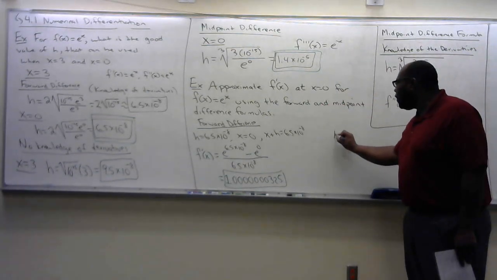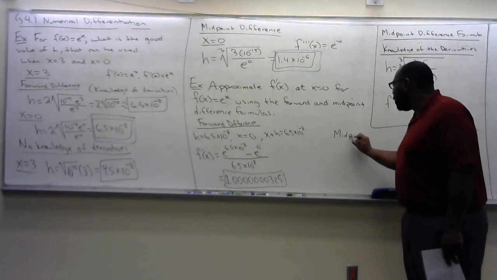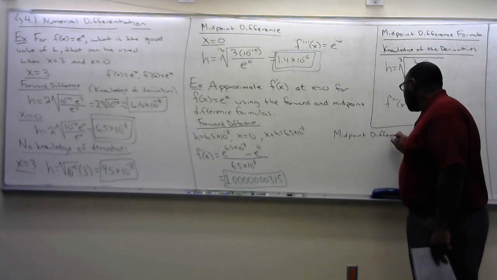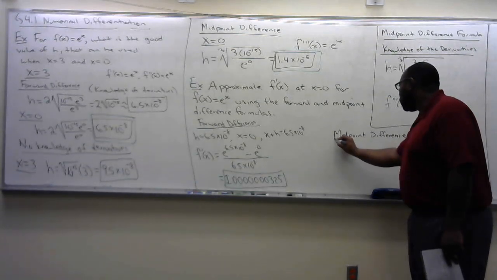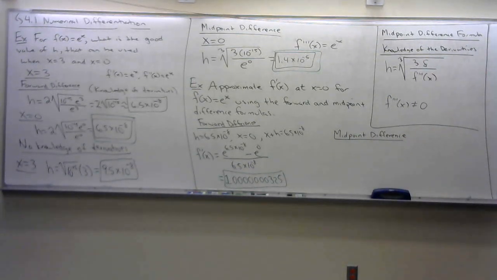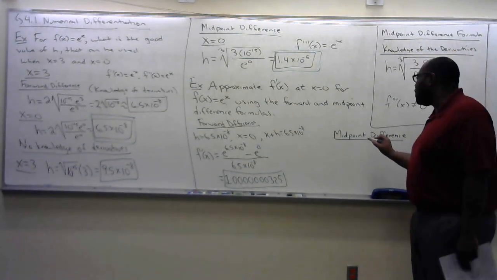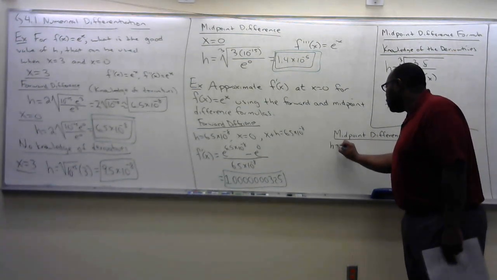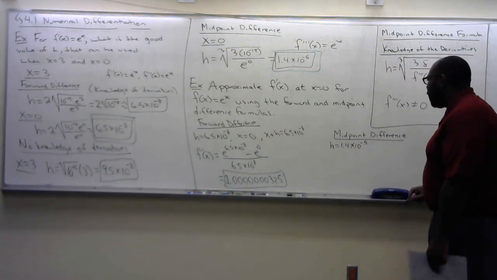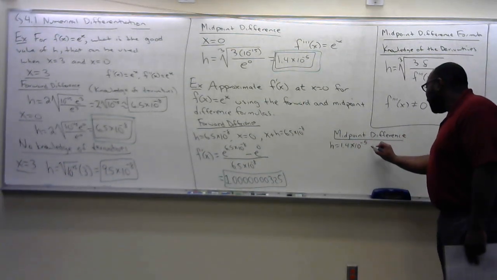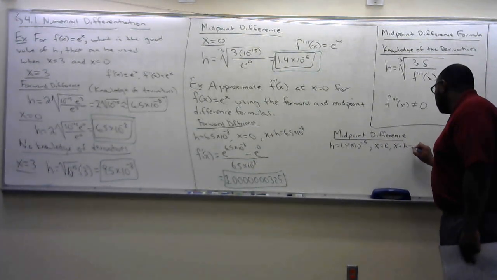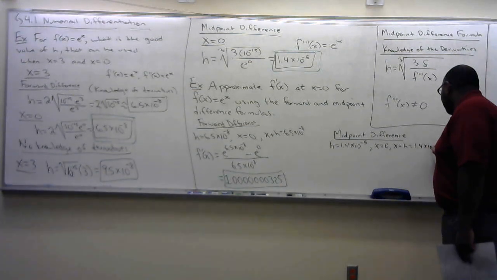If I use the midpoint difference formula, here my h is equal to 1.4 times 10 to the negative 5. Okay. x plus h, x is equal to 0, so x plus h is equal to 1.4 times 10 to the negative 5.